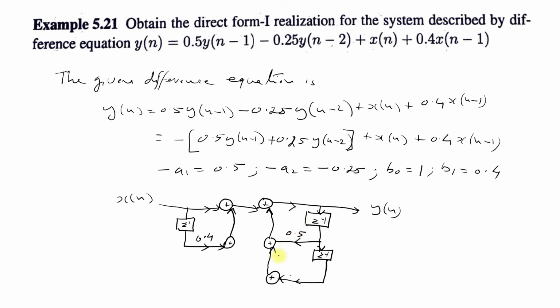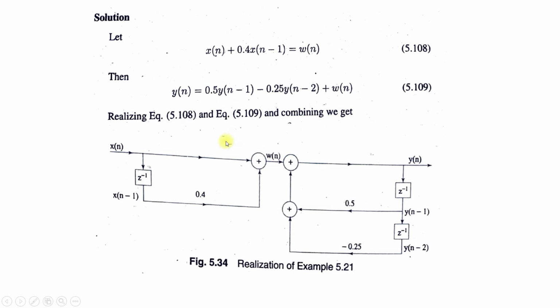Then minus a2 equal to minus 0.25. So this is the realization of the given difference equation. This is the correct answer. You draw it neatly like this.